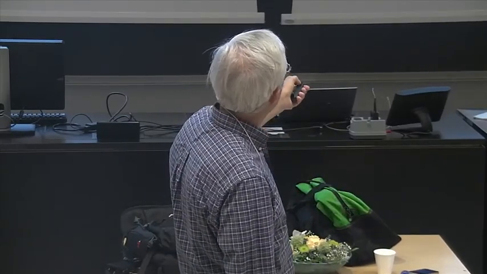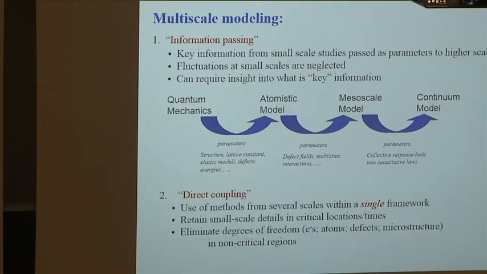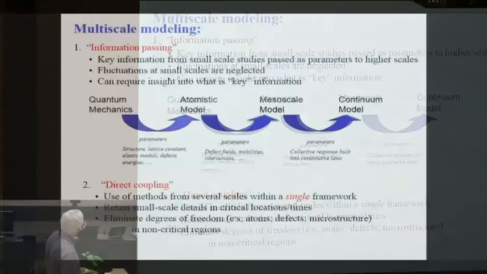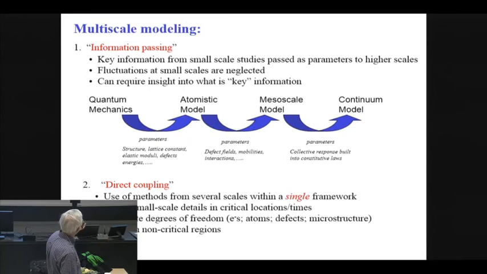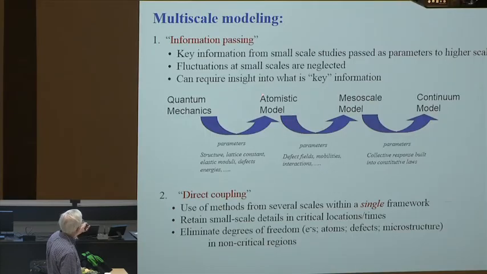So what I tried to do is tell you a little bit about quantum mechanics, what the details are briefly, and what kind of things you can calculate. Same thing with atomistics, a little bit about mezzo scale, and then very little about continuum, because I think these are the new kinds of things that people aren't used to.